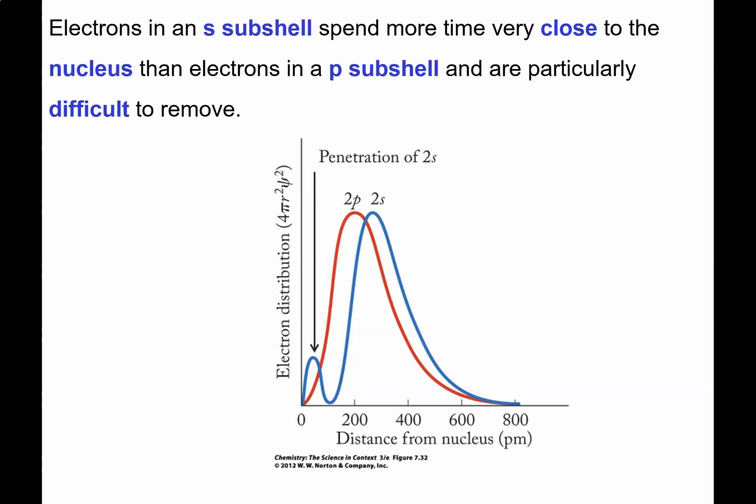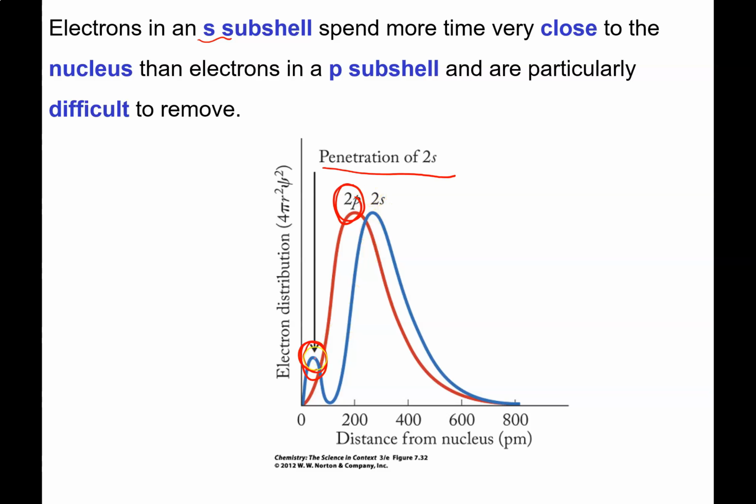Well, one thing that we know from quantum theory is that electrons in an s subshell have this quality called penetration. They spend some time very, very close to the nucleus because we have this little peak right here, and electrons in 2p don't do that.